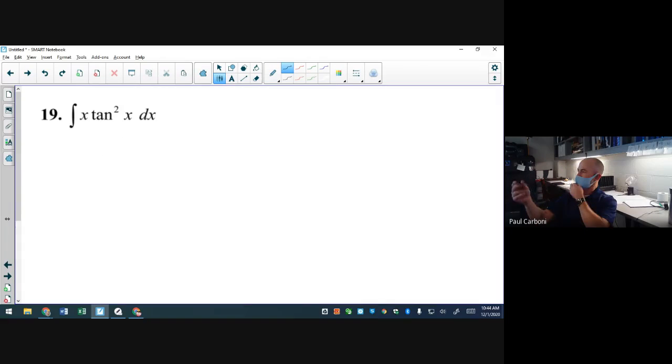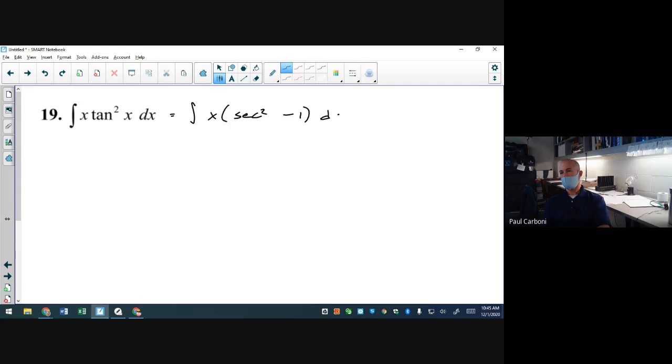I'm going to rewrite this problem not as x times tangent squared, but x times secant squared x minus 1. Because now I've introduced a secant squared, which I do recognize. That's something I like. I'm going to distribute my x.